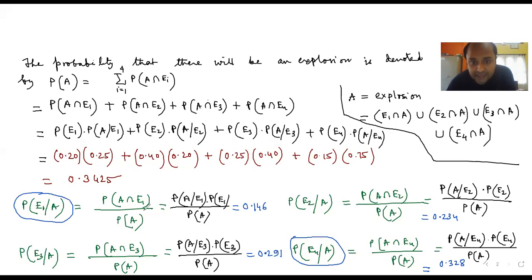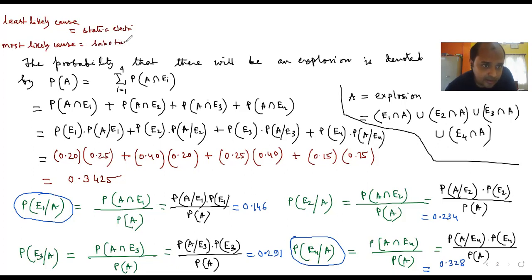So the least likely cause according to your calculation for this explosion is static electricity, and the most likely cause is sabotage.